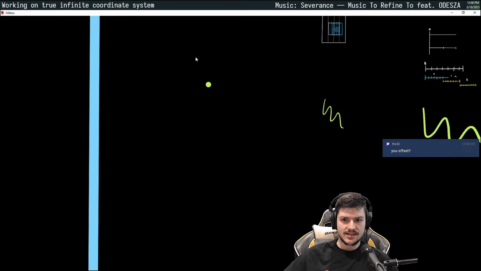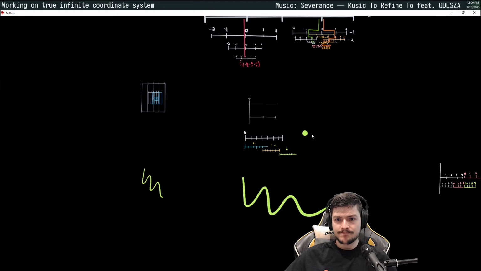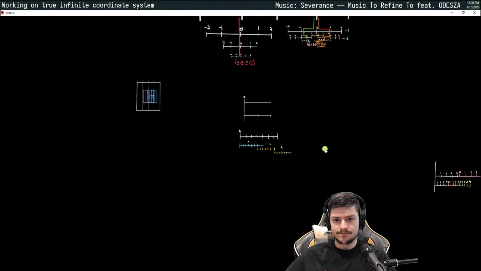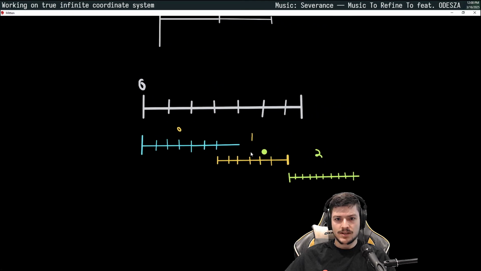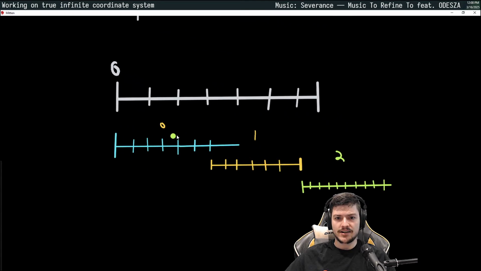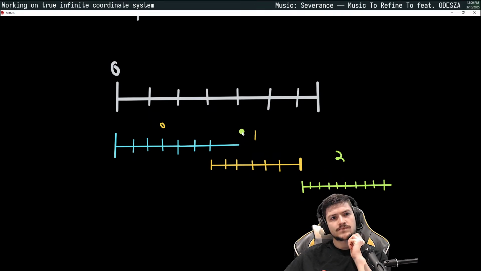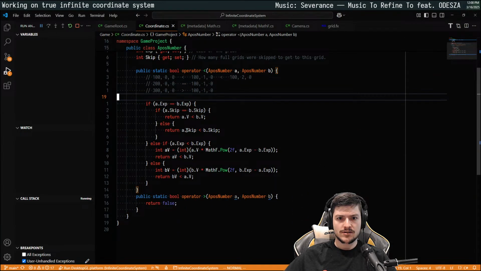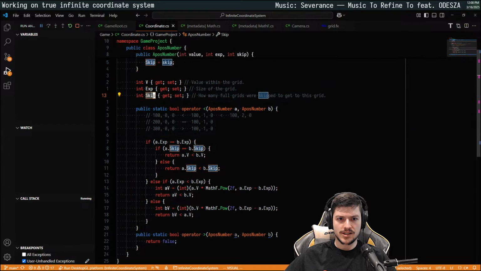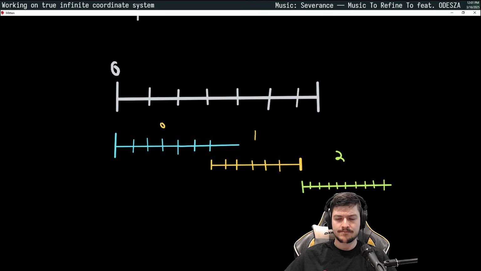Right now I'm shifting the grid to handle numbers outside of the grid. So this limit is a lot smaller, but I think I'm able to do something clever.